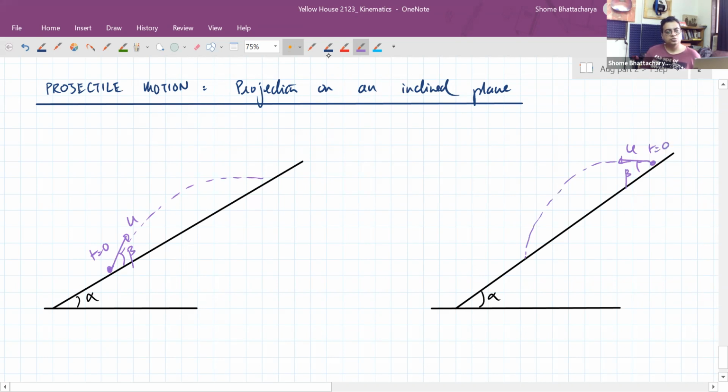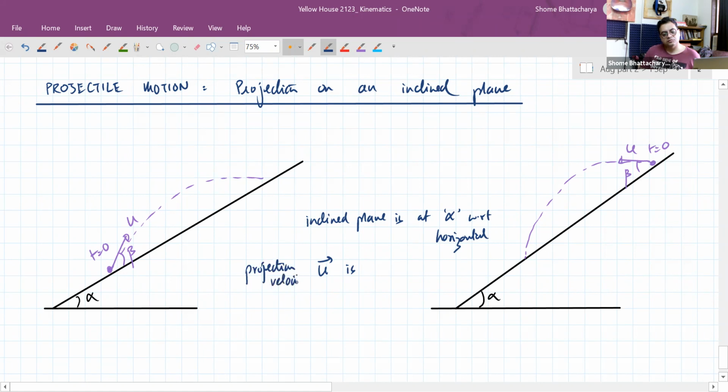So in both cases, you can see that the inclined surface is at alpha with respect to the horizontal, and the initial velocity u, the projection velocity, is at an angle beta, but not with respect to horizontal, but with respect to the inclined plane.